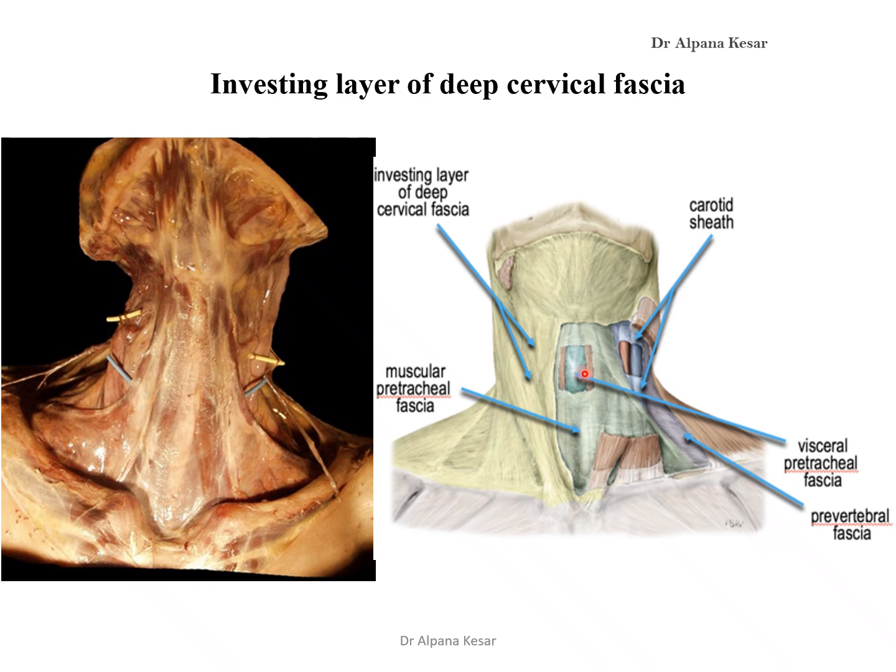Deep to it is present the pretracheal fascia, which surrounds the viscera of the neck. This is the carotid sheath that surrounds the neurovascular bundles of the neck, and this is the prevertebral fascia, which surrounds the deep muscles around the vertebral column in the neck.